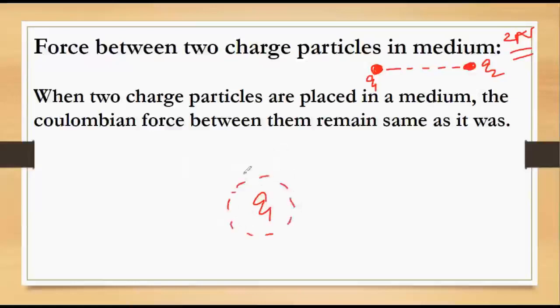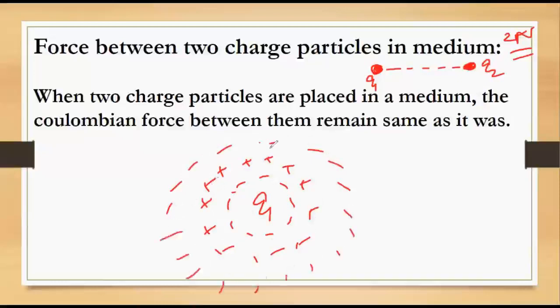Then around that negative charge, some positive charge will be induced. Then again around the positive charge, negative charge will be induced. So in the space, an infinite number of charge layers will be created surrounding Q1, and the same thing will happen to Q2 also, because it's a medium, water.